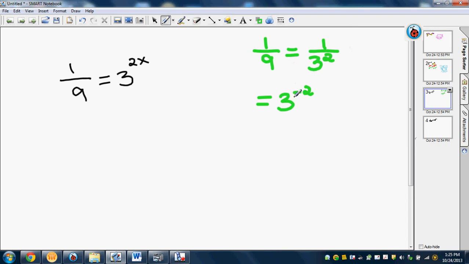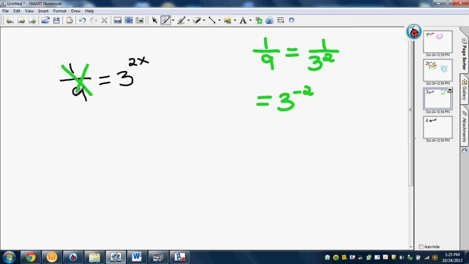Remember, before when we were trying to make the 3 to the negative 2 positive, we would put it in as a denominator to make it positive. So I can also undo that by putting it on top and making it negative.